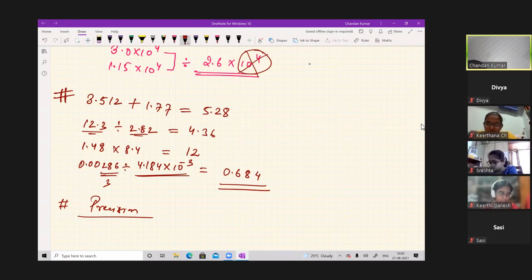Suppose in a laboratory you are measuring a certain mass; every time you measure, the values will not be the same. Three times when you measure in the lab, the values will be different. So what we do, we take the average.